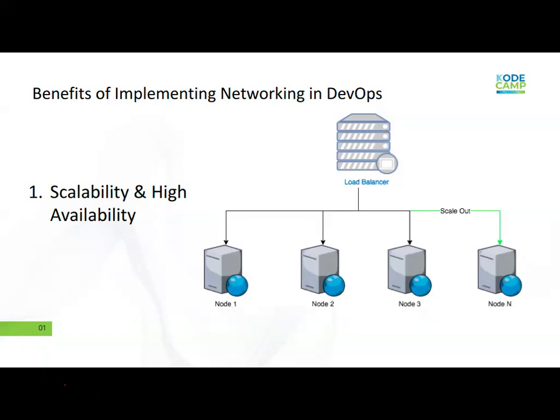In a production setup, you must ensure that your systems are scalable to a point where they can handle multiple loads when hit. That's why people mostly recommend the use of load balancers in their setup. So the concept around networking is to ensure that your systems are scalable.